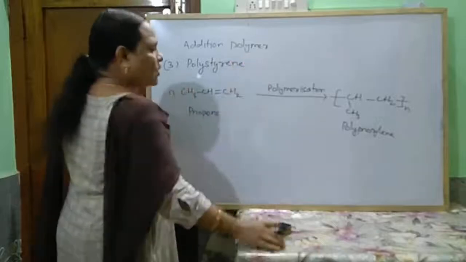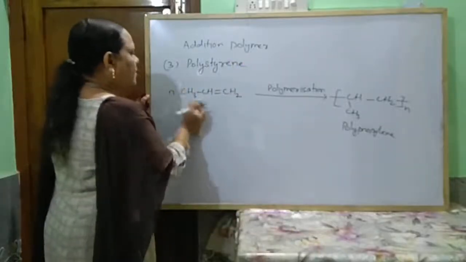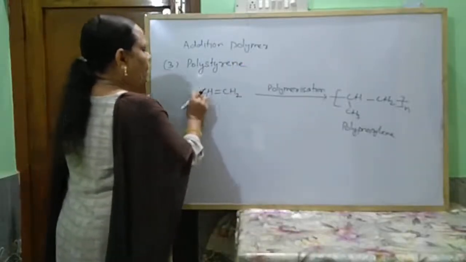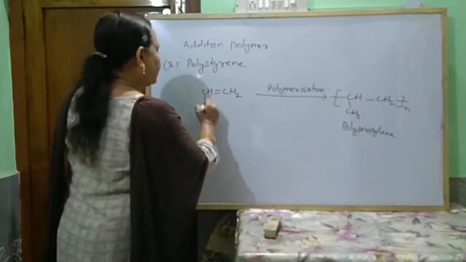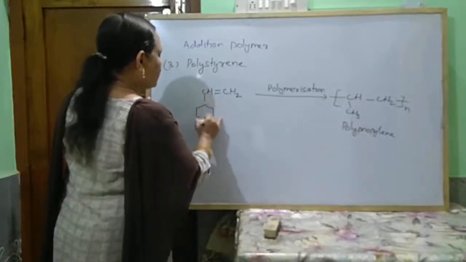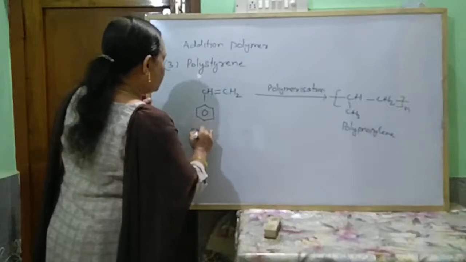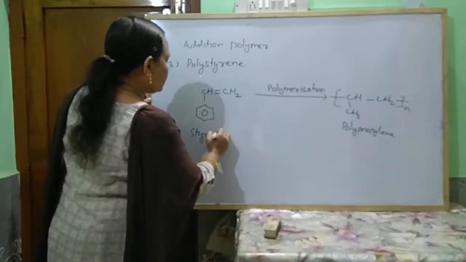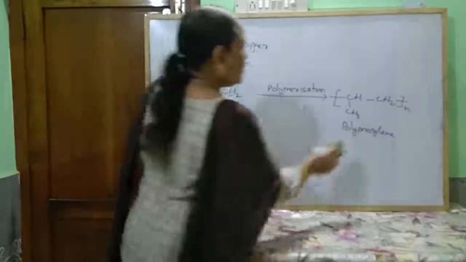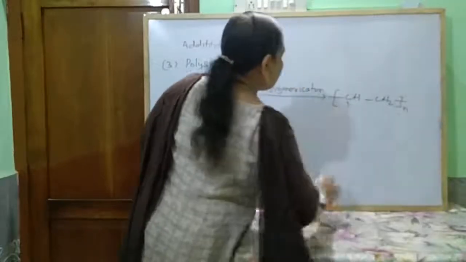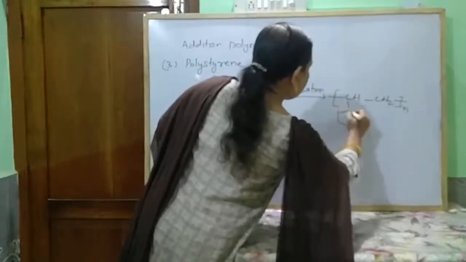Here the monomer unit is styrene, and this is polystyrene.